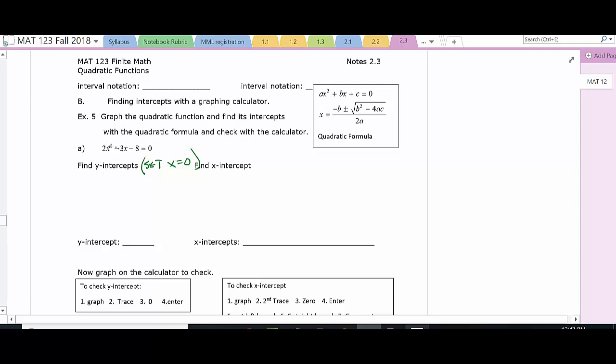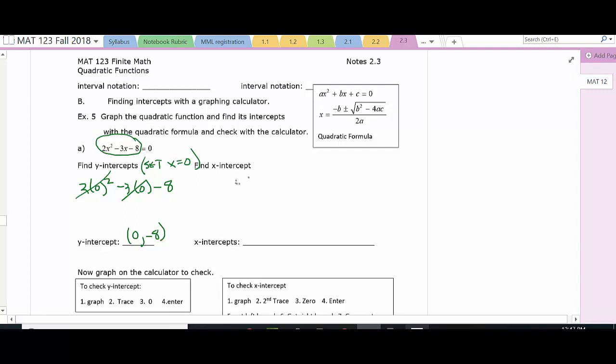Where you see an x on the left side of the equation, just plug in a 0. You can do that in your head. What's the answer to that arithmetic? Negative 8, right. Good. So that y-intercept is (0, negative 8). I'll show you how to do this on your calculator in a minute because I want you to be able to do it with and without technology.